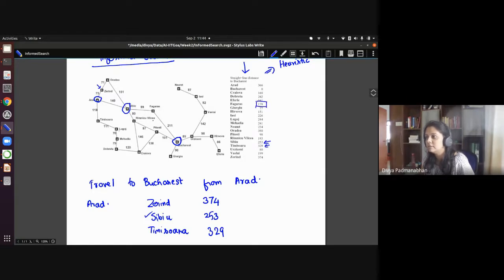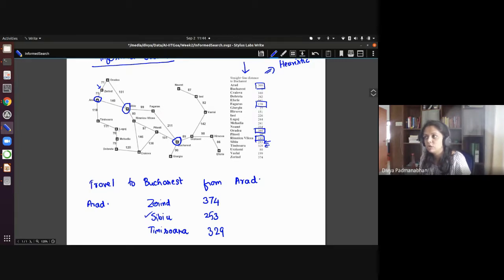This place is 193. Then we have Oradea, which is 380. And then we have Arad again, which is even farther, right? Because you're going back to where you came from. So these are the four options. So from this, which one would you pick?